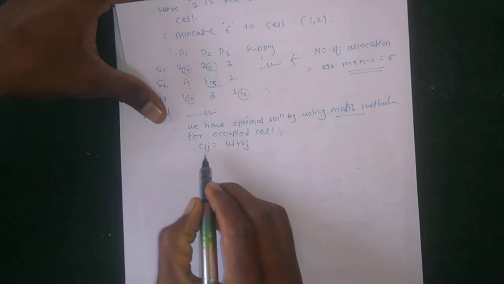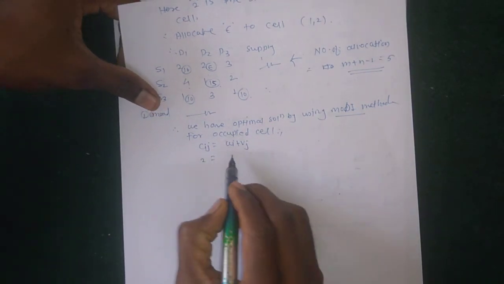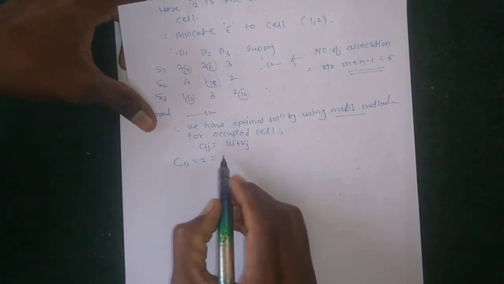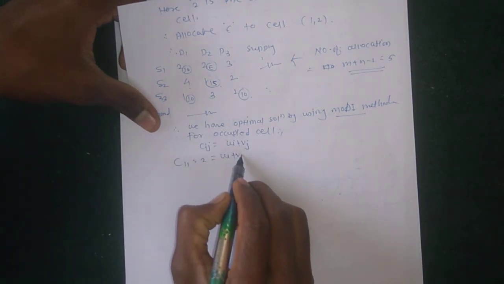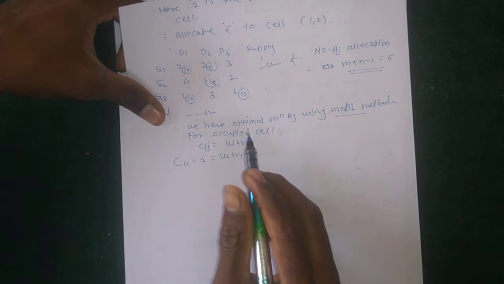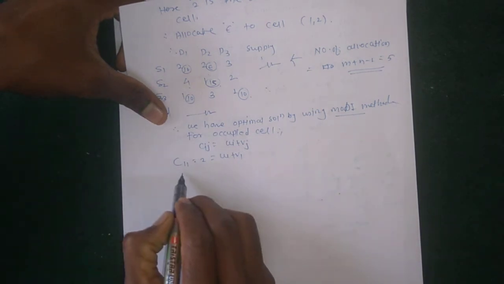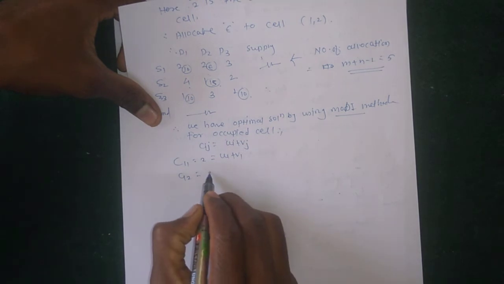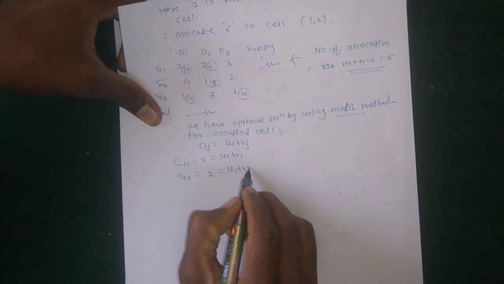So Cij, this is here C11 is equal to 2, equal to u1 plus v1, which implies that next is C12, first row second column is 2, equal to u1 plus v2.